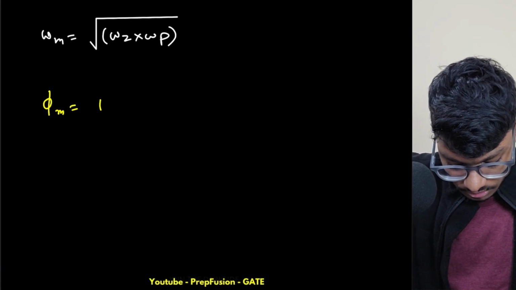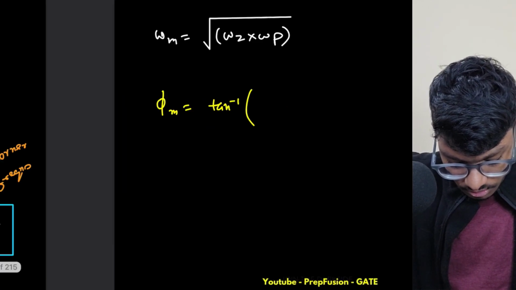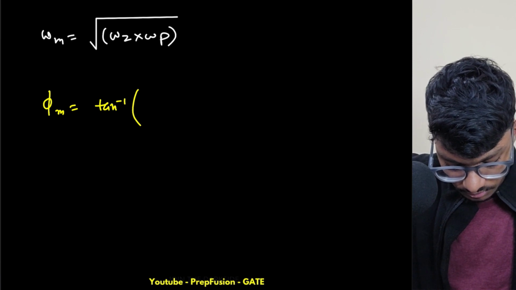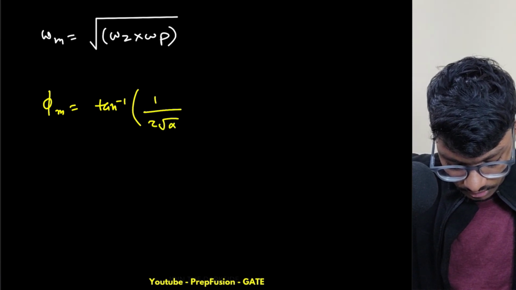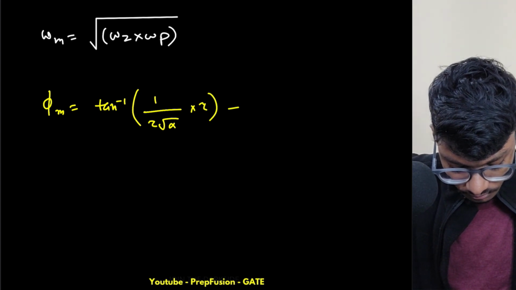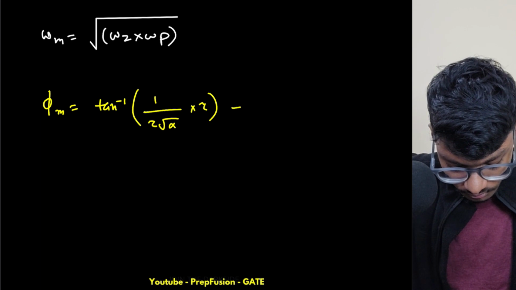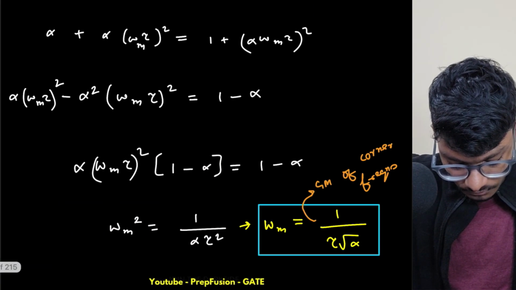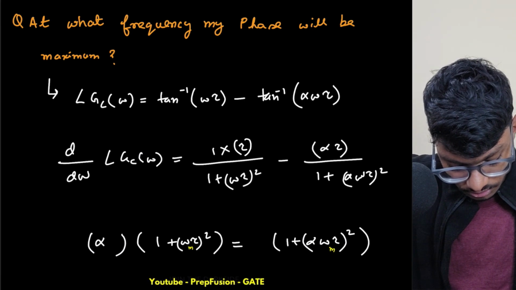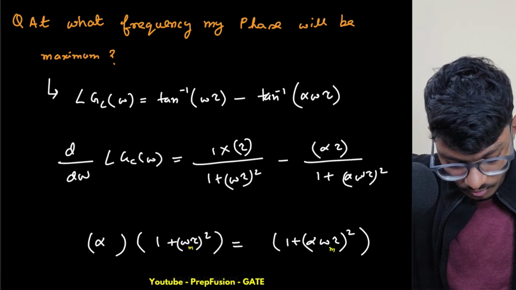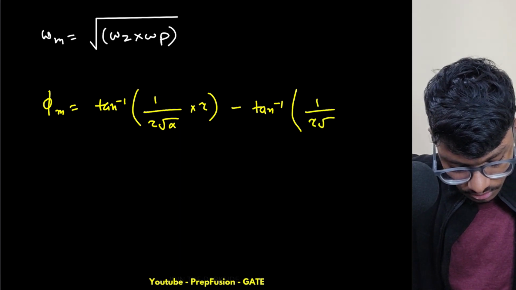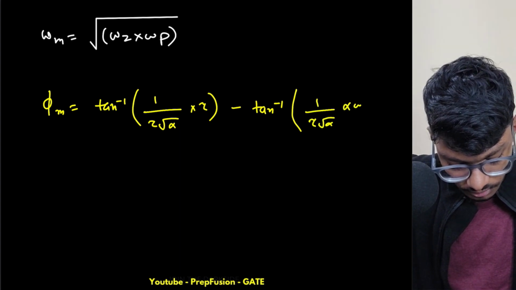So omega is now this, 1 by tau under root alpha, into tau, minus tan inverse of alpha times this, so this will be 1 by under root alpha into alpha tau.